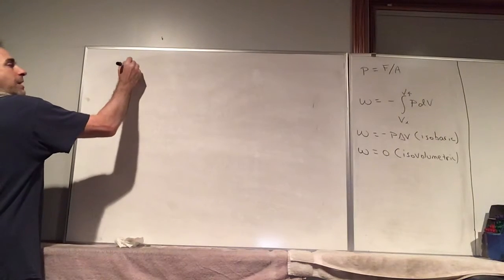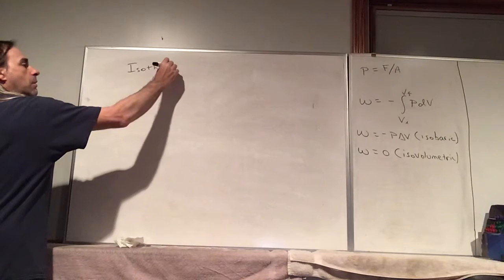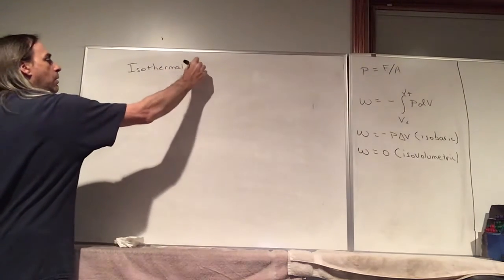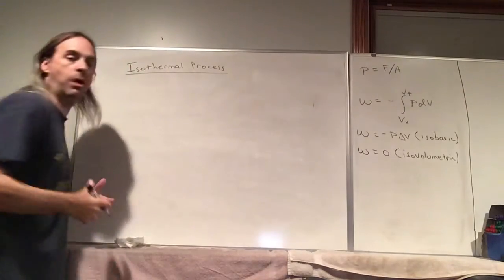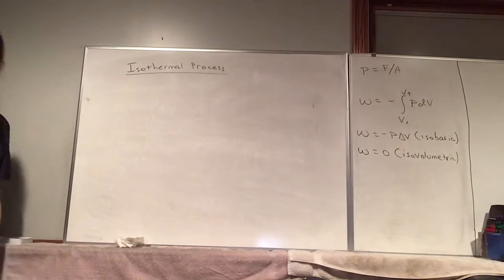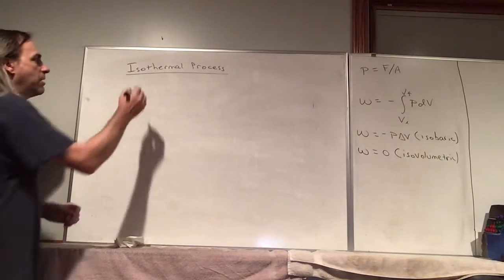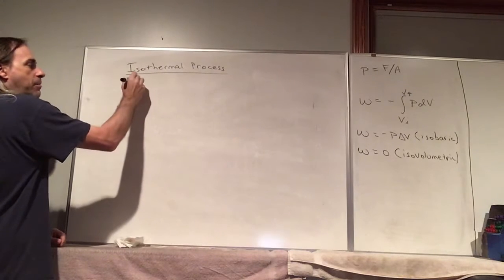We also have something called an isothermal. So an isothermal, remember iso, same, thermal, well, temperature. So this is a process that occurs at a constant temperature.